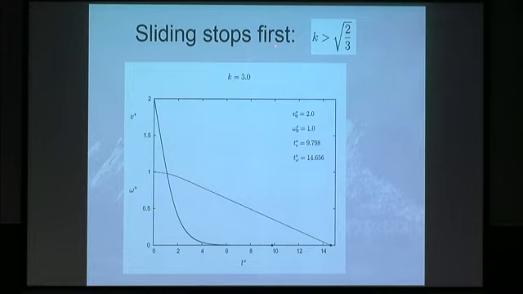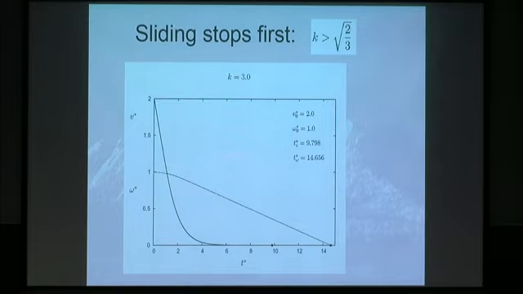That means k has to be greater than the square root of 2/3. So I pick k equal 3 as an example. Let's start with an initial linear speed of 2, an angular rotation rate non-dimensional of 1, and see what happens.